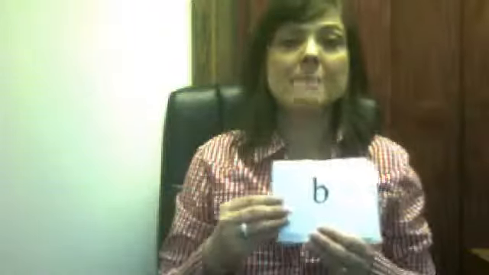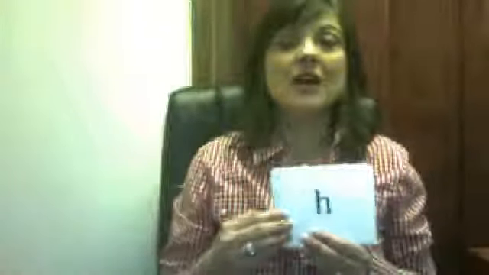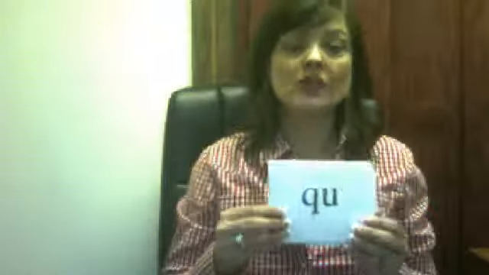Alright, so our first phonogram is A, ah. B, k, d, e, g, j, h, i, j, k, l, a, o, u, p, qu, q.